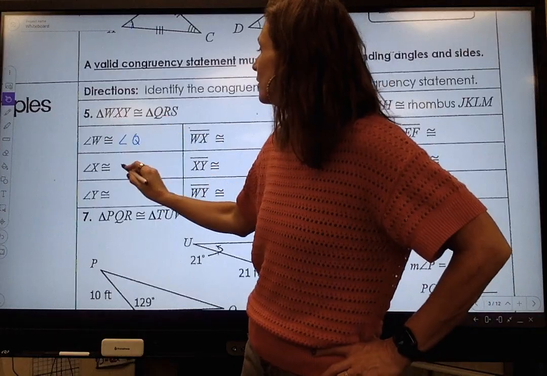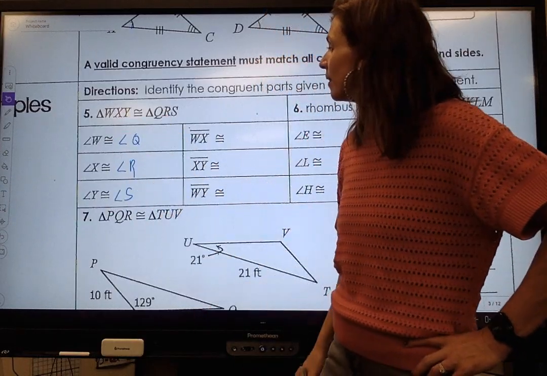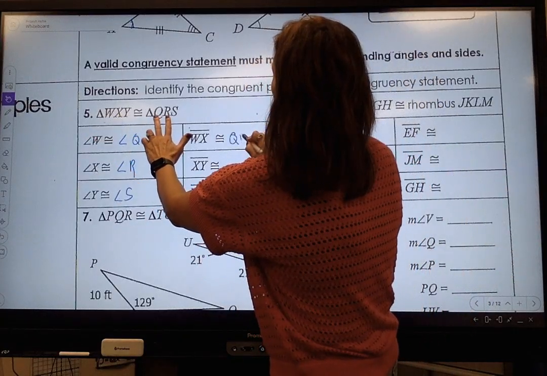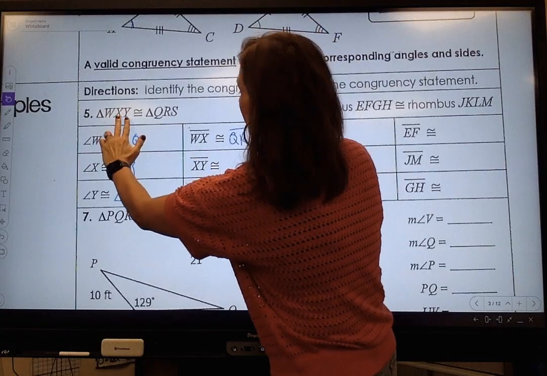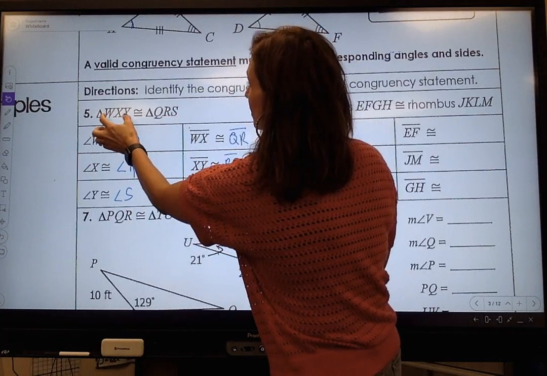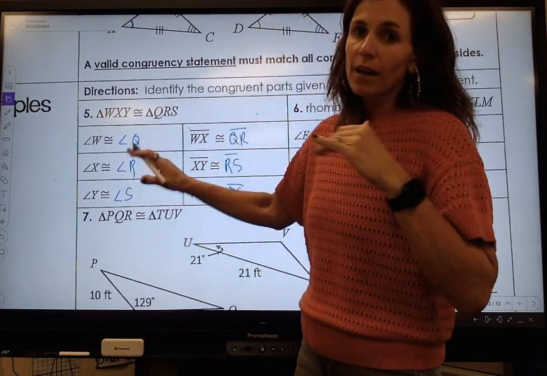Angle X is congruent to angle R, angle Y is congruent to angle S, side WX is going to be congruent to QR, side XY is going to be congruent to RS, and side WY is going to be congruent to QS. All because of that one statement.